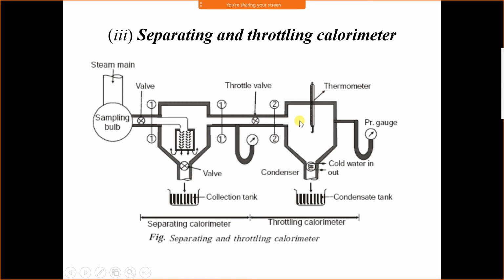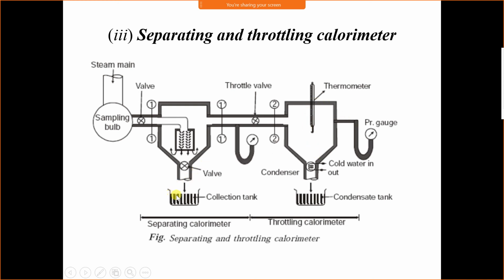Due to the sudden decrease in pressure, wet steam vaporizes and becomes superheated steam. Now the pressure and temperature of superheated steam are measured here.